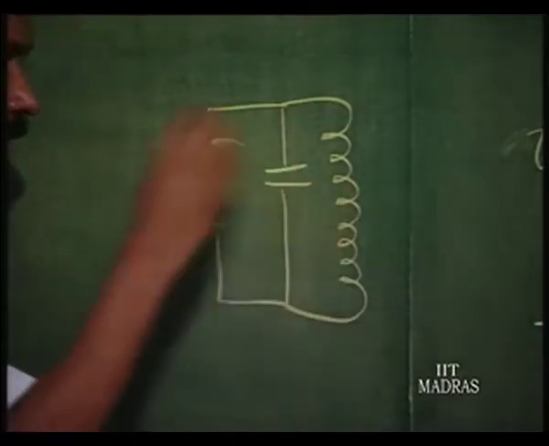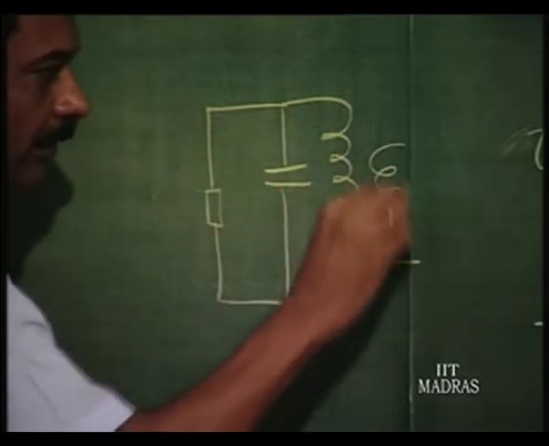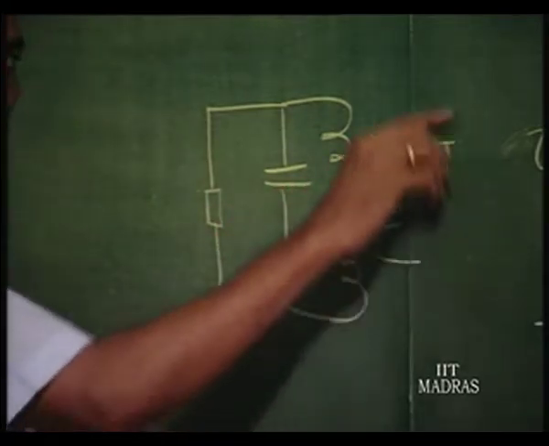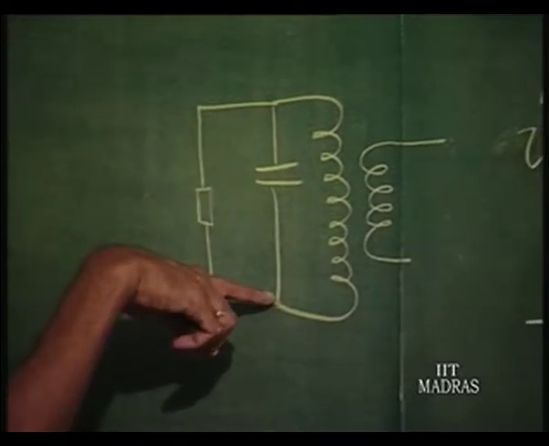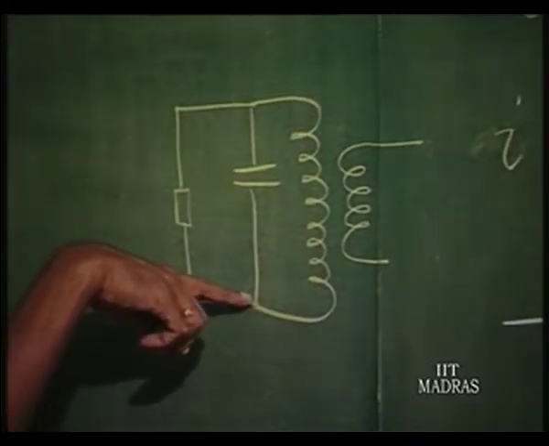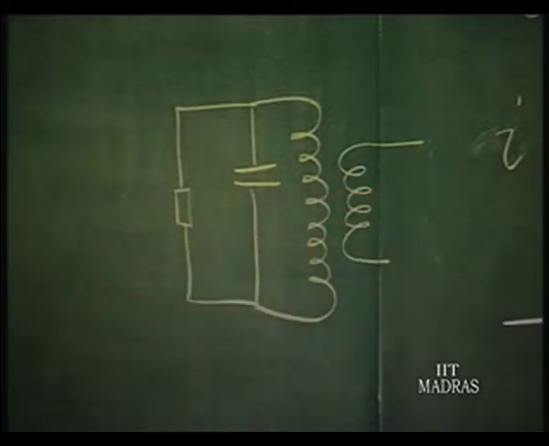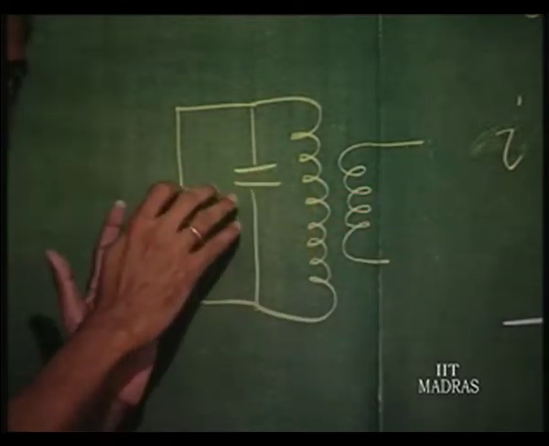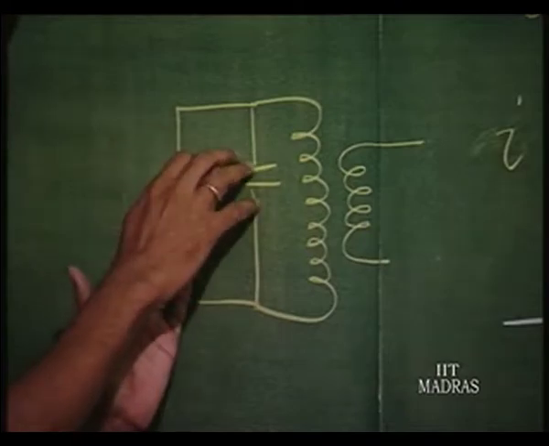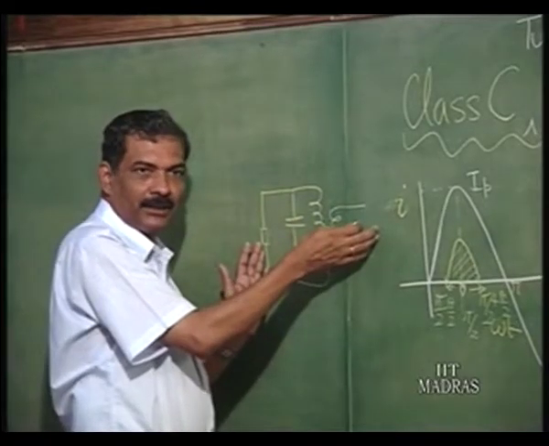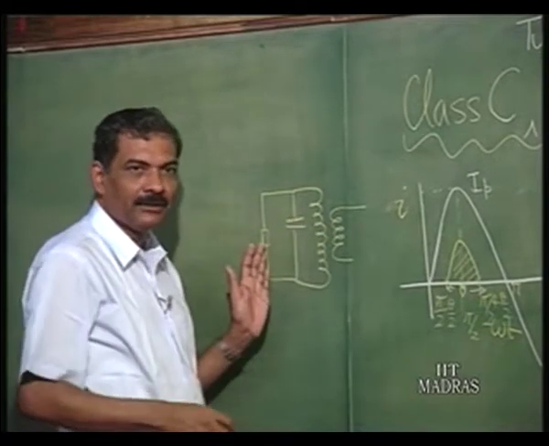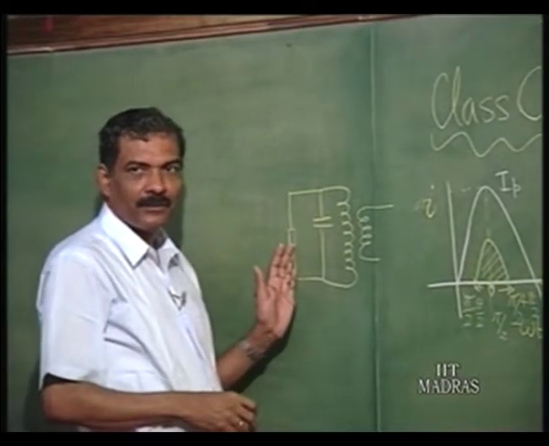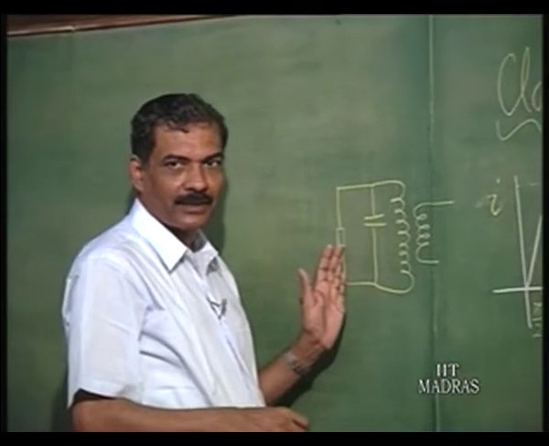This R may be the resultant effect of the load, the antenna load on the primary side of this coil, and this is coupled by means of a coil, so that the maximum power developed at this point is transferred to the load, that is antenna. So, that is why you have a sort of transformer coil kind of arrangement here.